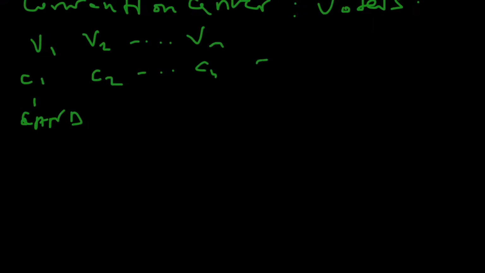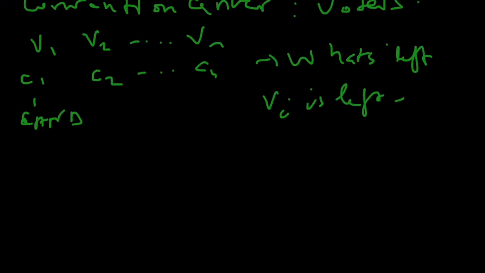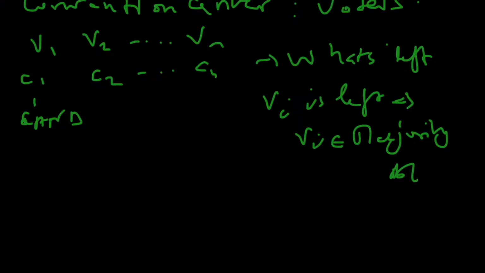So we know that what's left from the fight, if like V1 is left after the fight, that means that V1 is in the majority bloc, which means it has chosen a candidate who is in the majority if one exists.